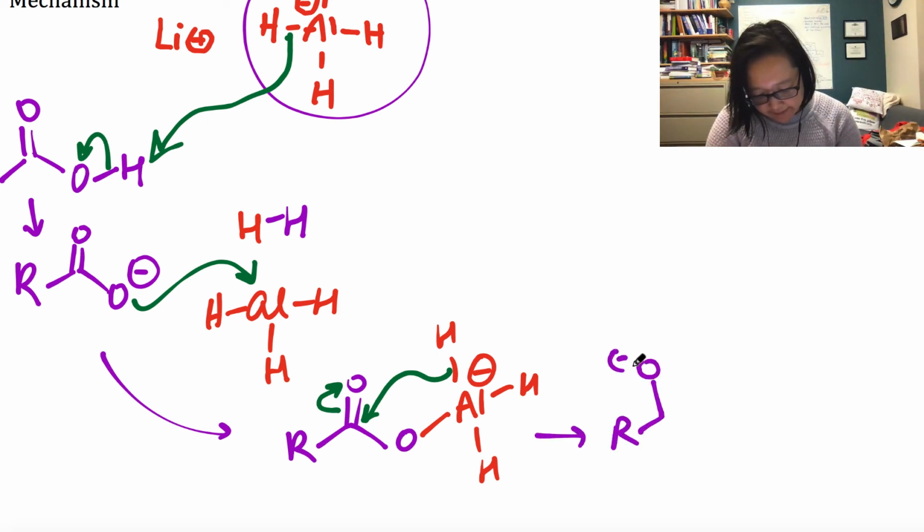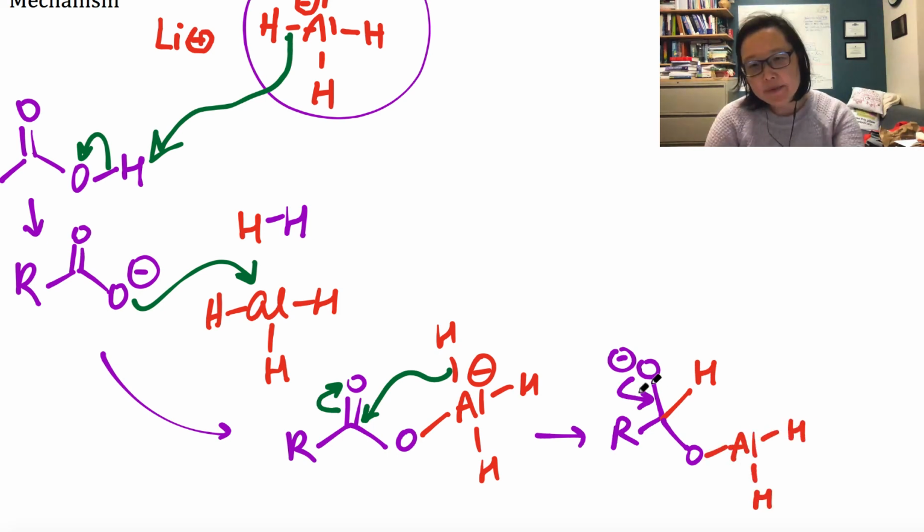All right, once I have that, then I have this tetrahedral intermediate, and I still have the aluminum attached. So at this point, we have this collapse down and need to figure out who's a better leaving group. So hydride is very small, so not very polarizable, but this can leave. So I can have something like this.